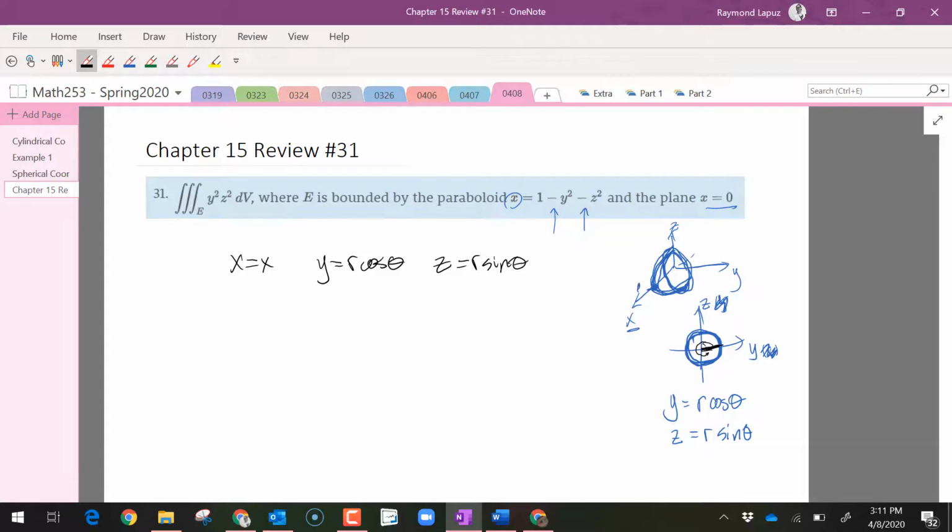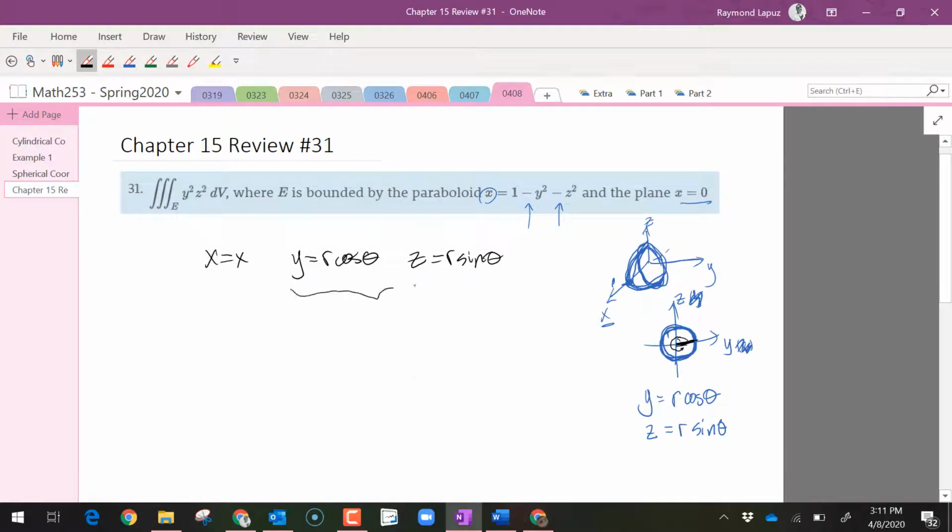And now, because of the relationship between y and z and the r cosine theta, r sine theta, we have y squared plus z squared is equal to r squared. So that's that circle over here that we're looking at on the yz plane. And that will be helpful for us because when we replace your x limits, we can see that x is actually equal to 1 minus y squared minus z squared.